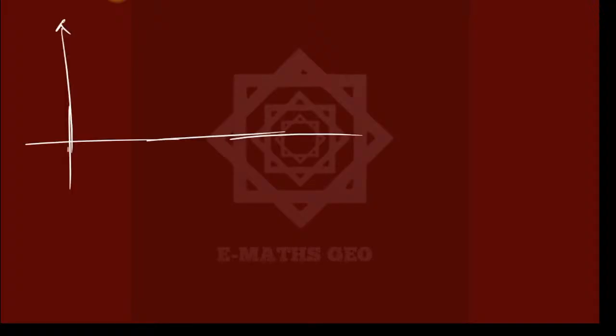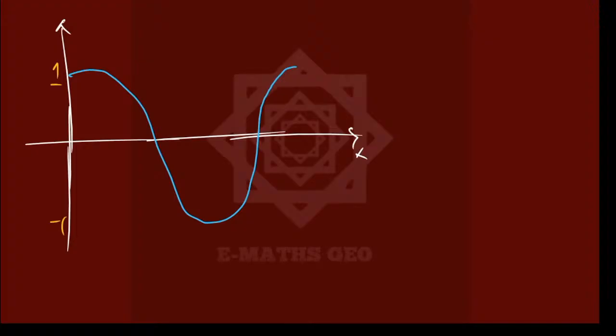That same logic, we can use it for sec. Since we know that the graph of cos is like this, it's always like this. Here is the maximum 1, while here is the minimum -1. At 0, the value is 1.